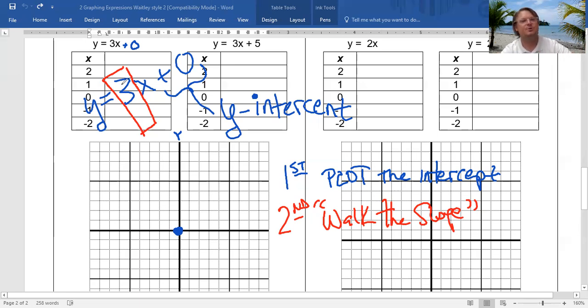So the slope of this one is 3. The slope of this one is 3. Good. The slope of this one is 2. Good. The slope of this one is 2. Good. You get the idea?